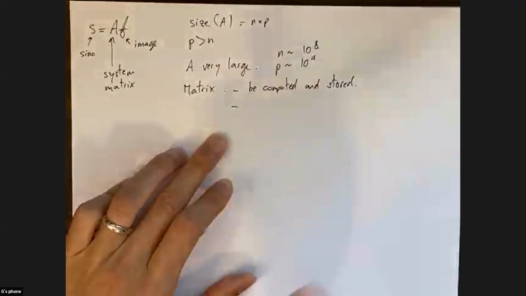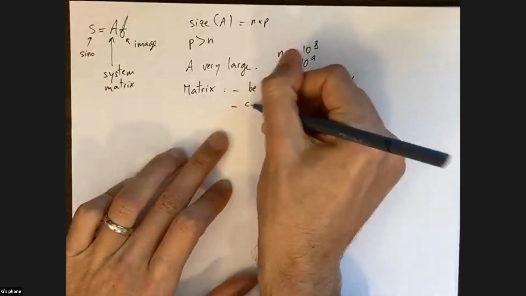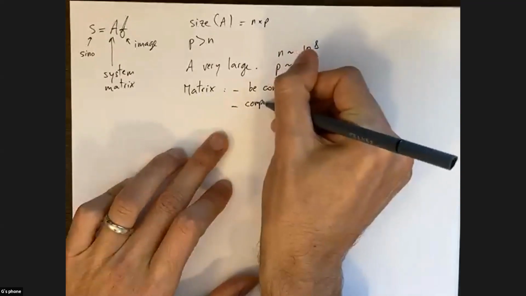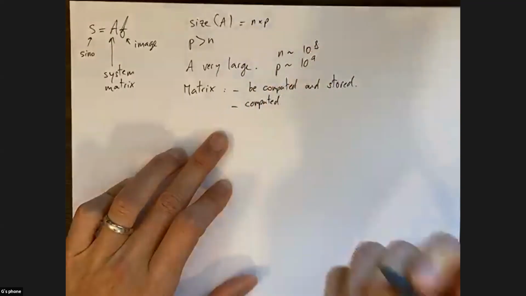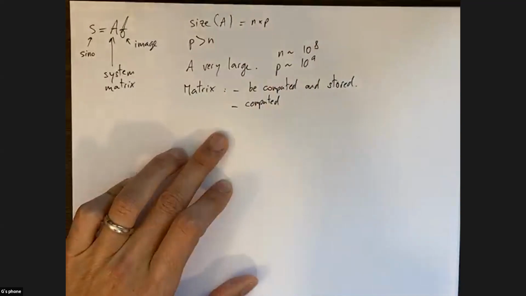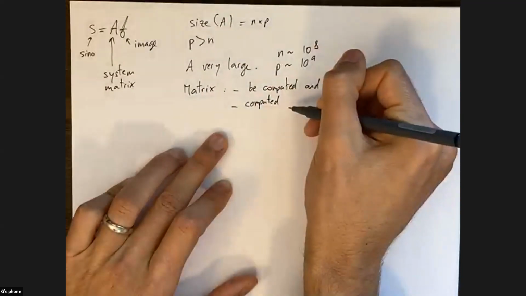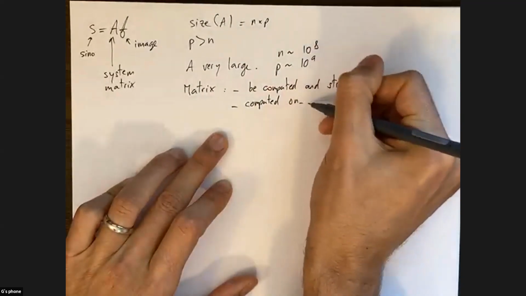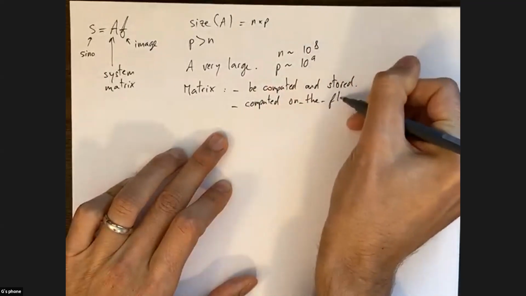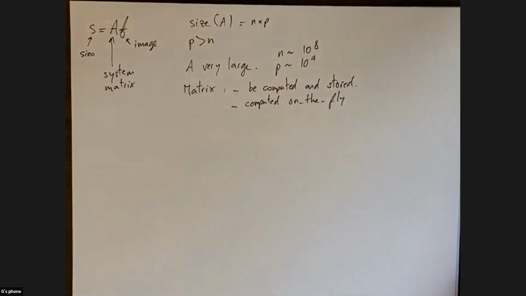The idea is having a mathematical formula for the matrix, and then each time we need to access a row or a column of the matrix, we can just compute that on the fly. Okay, so there are two approaches to handle this very large matrix.